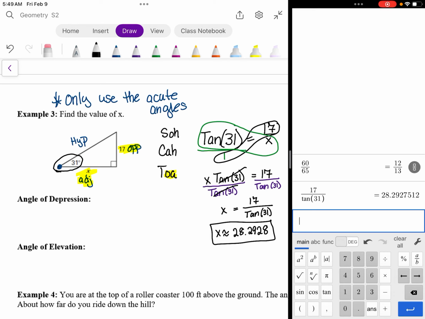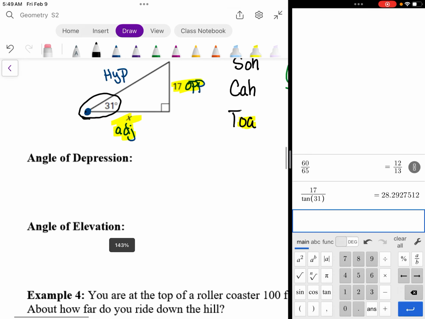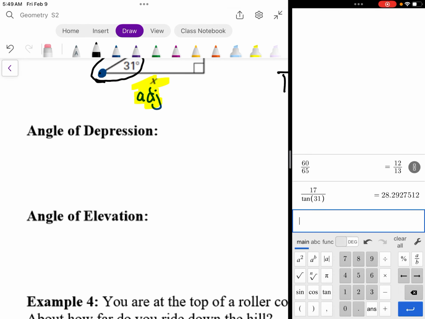All right, so we're going to solve some more problems with that, but some vocabulary words that you might need to know are angle of depression and angle of elevation. Angle of depression is when you are at a higher level, so say you were in a tree, and you were looking down from the top of that tree.